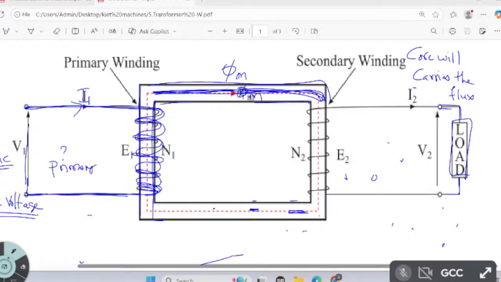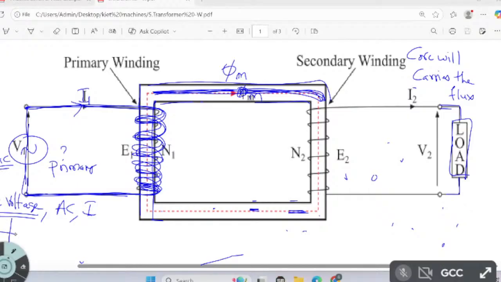Current will flow from here like this and end here. Because of the closed circuit, a current I1 is flowing. Whatever AC voltage we apply, the current is also AC, alternating in nature.